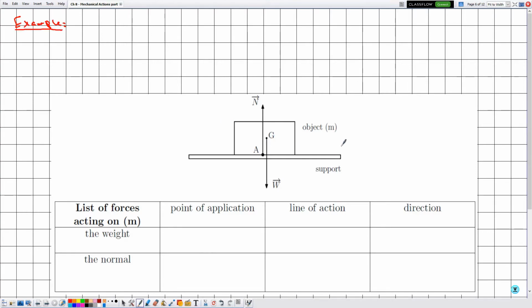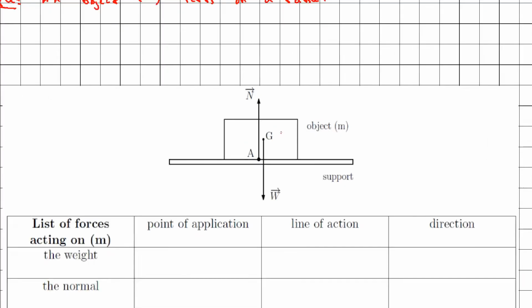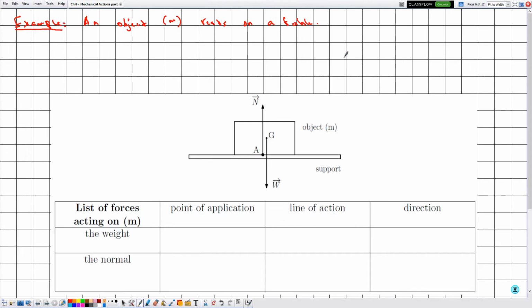We have an object M that rests on a table. G represents the center of gravity of the object M, and A is the point of contact.